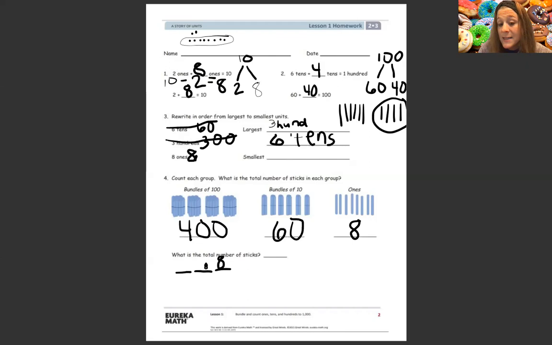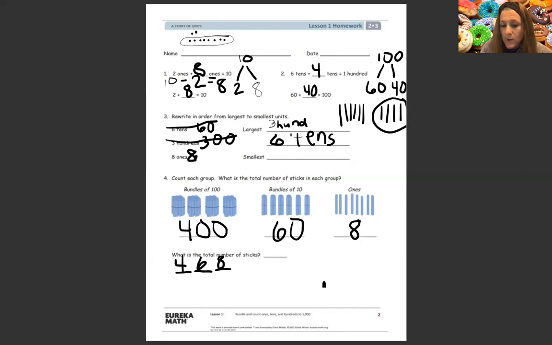Okay, how many tens are there? There are 6 groups of 10, which is the number 60. How many groups of 100 are there? 1, 2, 3, 4. Yeah, 4 groups of 100. So 400. So the total number of sticks is 468.